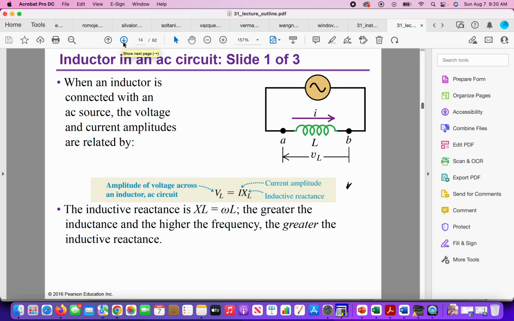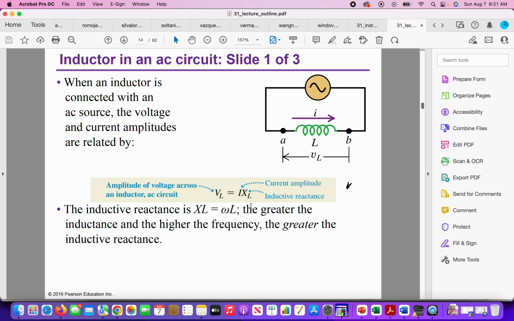When we have an inductor connected with an AC source, the voltage and current amplitudes are related by a similar equation, voltage equals current times resistance. But the resistance here we are not going to call resistance, we are going to call it reactance, and for the inductor it is inductive reactance.